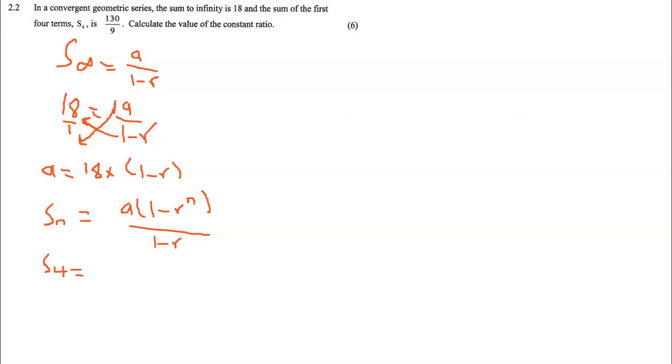It's 18, based on the other statement. So a is 18. Open the bracket, 1 minus r, and we don't know what r is, but remember it's S4, so n must be 4. Then close the bracket. Everything is over 1 minus r.